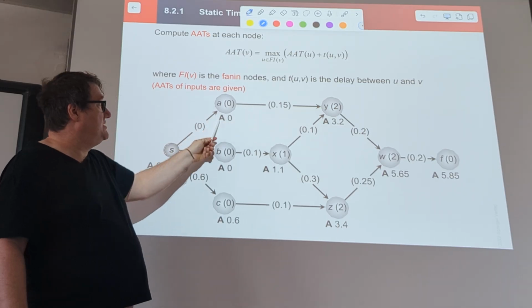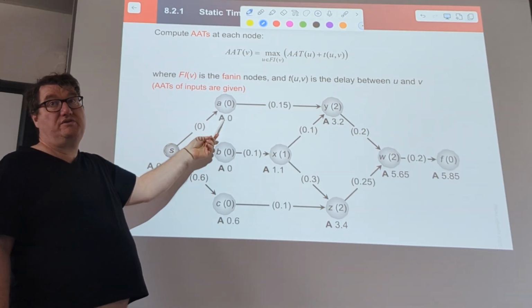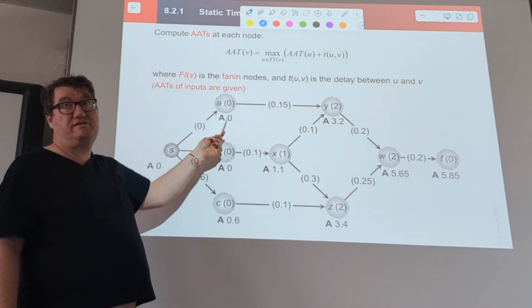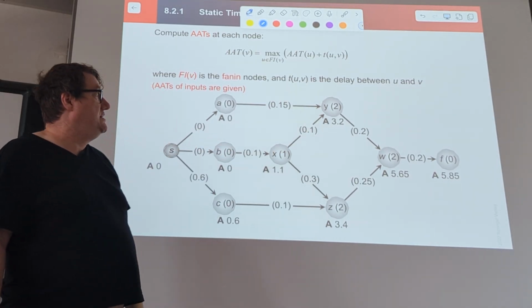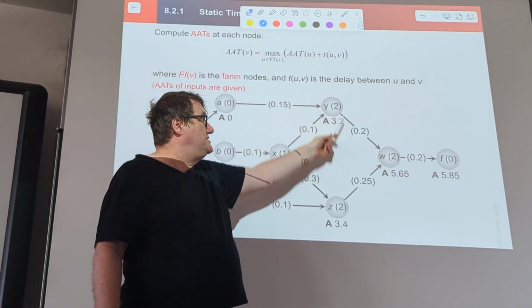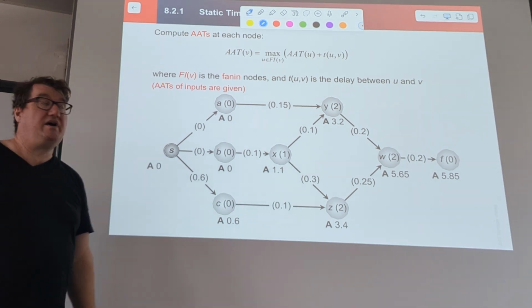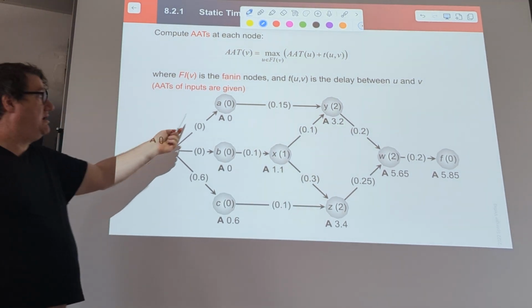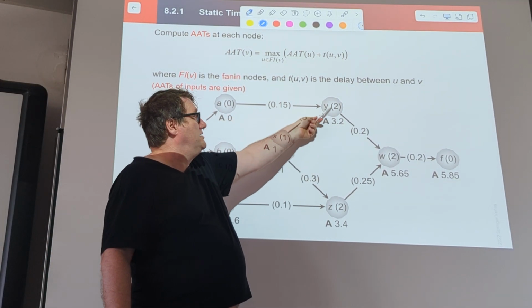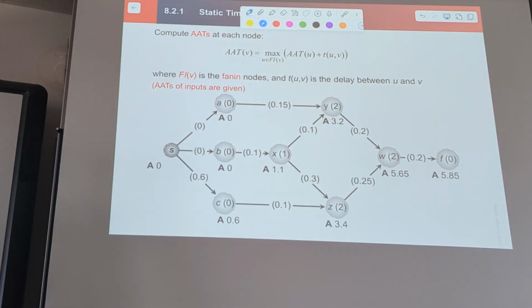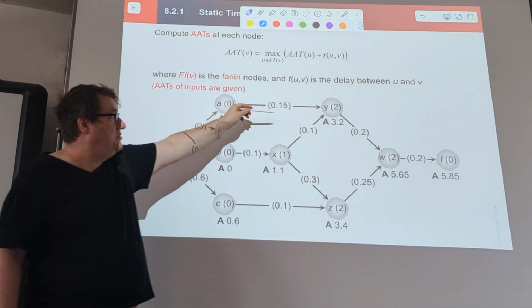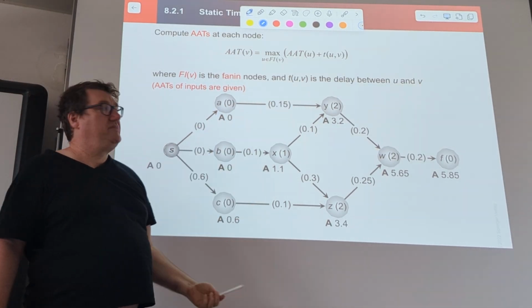The first input is from this primary input that starts at 0 and has a wire delay of 150 picoseconds. The gate delay of the whole thing will be 2 nanoseconds. So the timing arc from here to here will be 2.15 nanoseconds if this input changes.